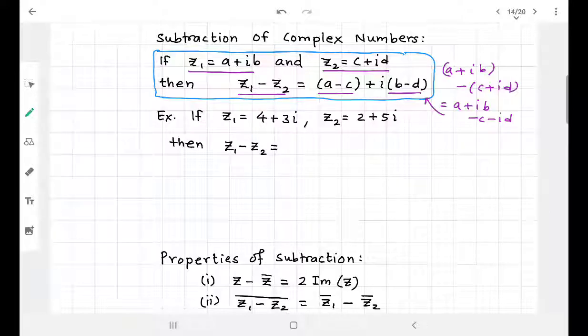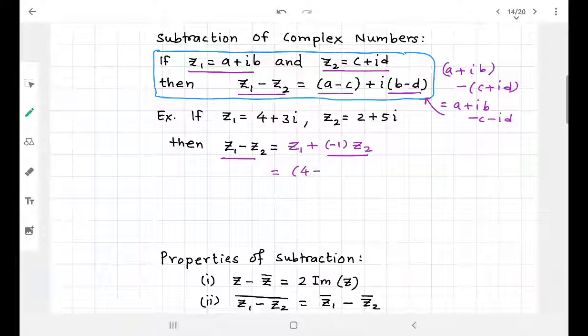So actually you need not learn subtraction separately. If you do the two things which we have done in the earlier two slides, I will write z1 minus z2 as z1 plus minus 1 into z2. So subtraction can be found out by using the scalar multiplication by minus 1 and then using the addition of two complex numbers.